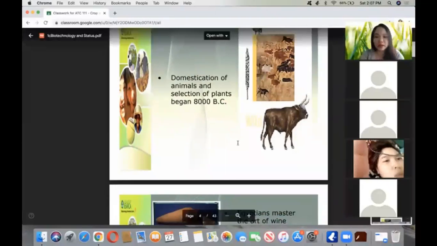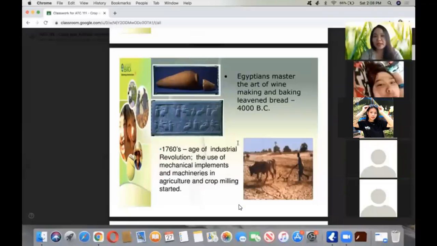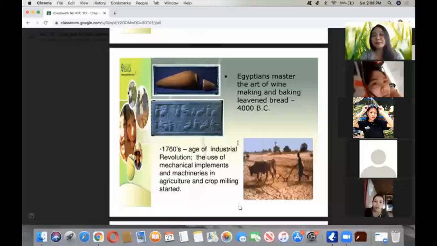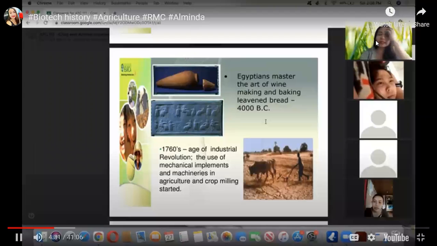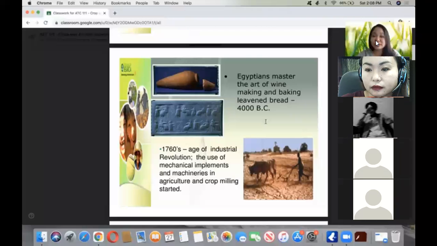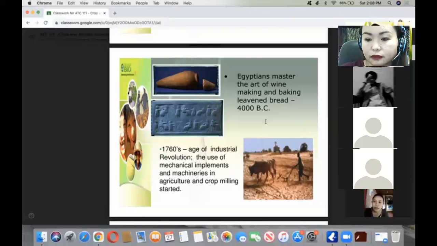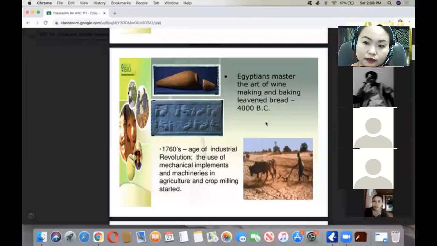So the Egyptians mastered the art of wine making and baking leavened bread about 4,000 BC. We'll say this is Mesopotamia or Egypt itself. We all know that the Middle East is the cradle of civilization. So dun kasi nag-start ang civilization.